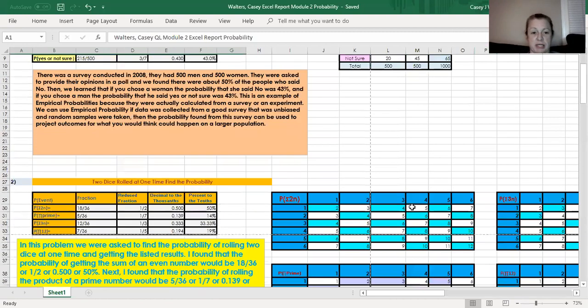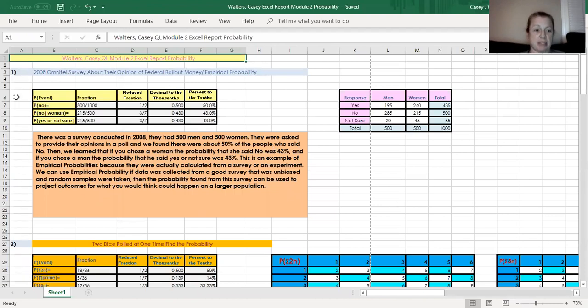And what you'll see here in my Excel report is I have a table here, and I have defined the variables. And then in the first one, it is the fractions. And then I have reduced fractions over here. And of course, I put in the formulas for each one. So Excel calculated it, which is a really handy and quick tool to use.